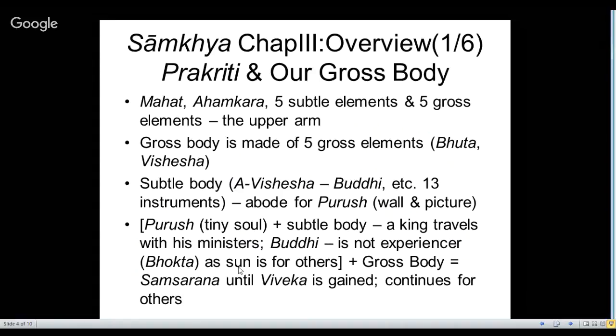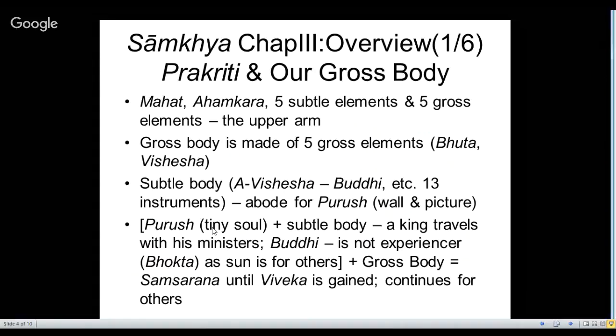So that's how it is. And then he again emphasizes that this buddhi is not the experiencer, the bhokta. I am the bhokta, the Purush. This is the emperor, and he needs the help of all his ministers or instruments.